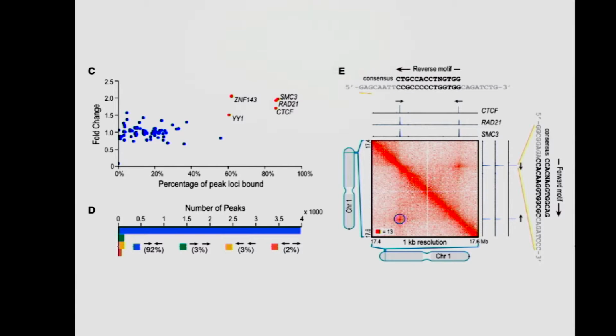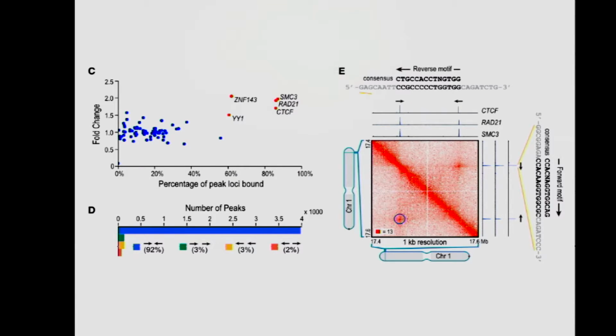Now, what's very, very interesting, if you look in here, is that you can see at these sites where CTCF is binding that there's actually a directionality. And so these are where these loops are occurring. And you see that the CTCF binding sites actually appear to have a particular orientation.